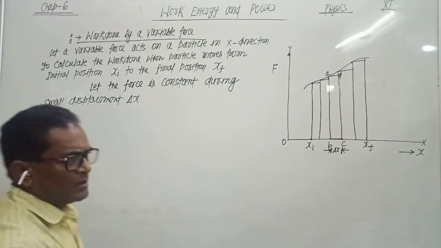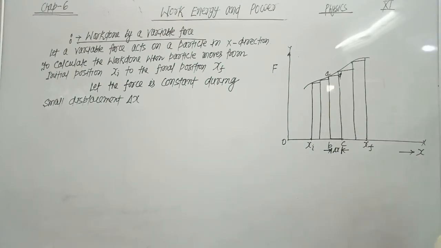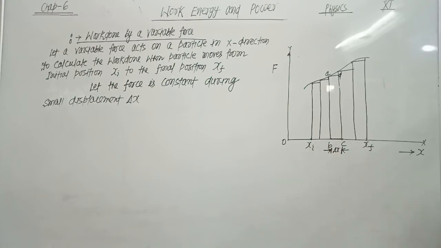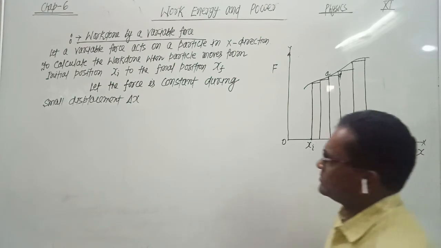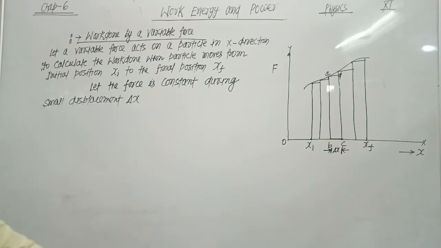We divided the whole displacement from the initial position to the final position into equal intervals, and each equal interval is delta x. We assume that in a particular interval delta x, the force acting on the particle is constant.